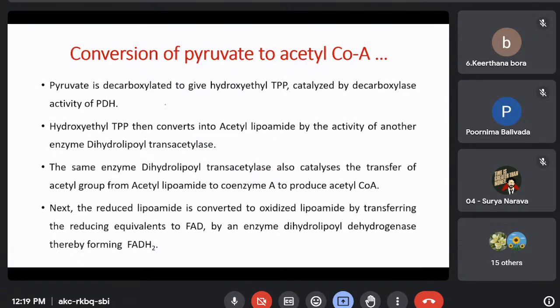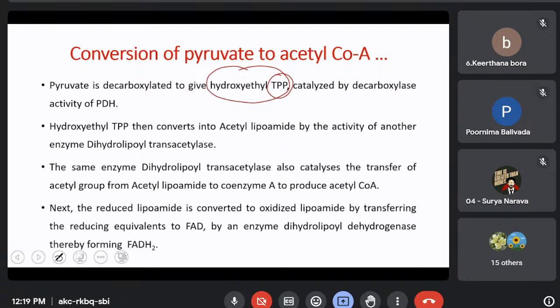So conversion of pyruvate to acetyl CoA. Pyruvate is decarboxylated. That means carbon dioxide is removed to give hydroxyethyl thiamine pyrophosphate. And this thiamine pyrophosphate is provided by the multi-enzyme complex, as we have seen earlier.